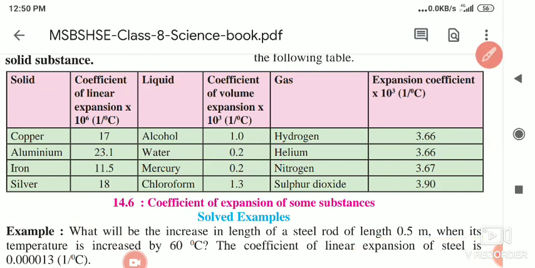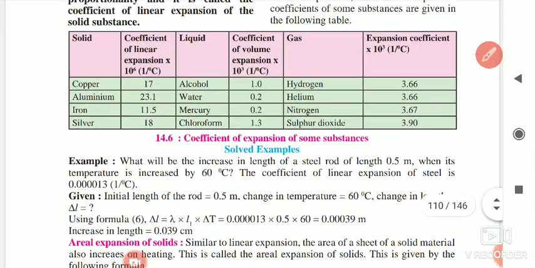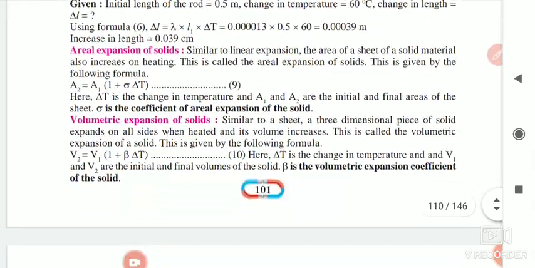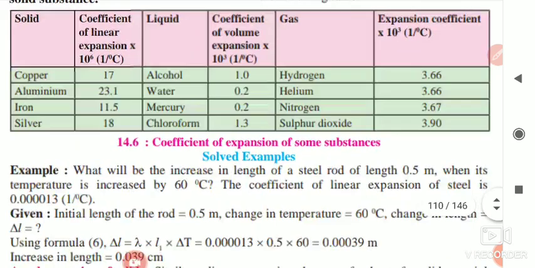Using these values, how to solve examples we will see in our next lecture.